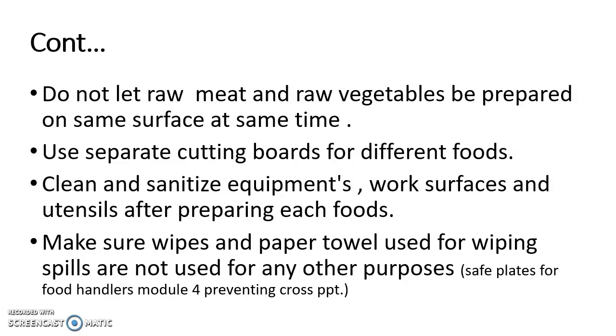Clean and sanitize equipment, work surfaces, and utensils after preparing each food. Even though it may not be harmful, make sure to clean and sanitize. Also make sure that wipes and paper towels used for wiping spills are not used for any other purposes.